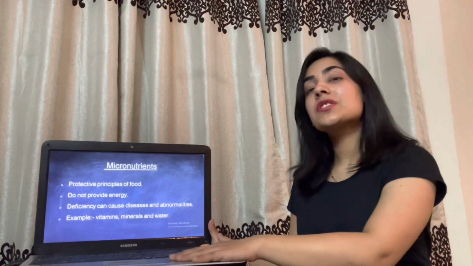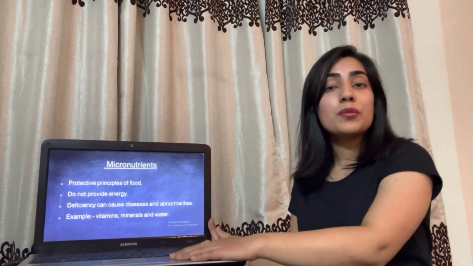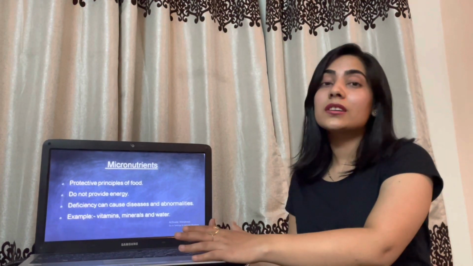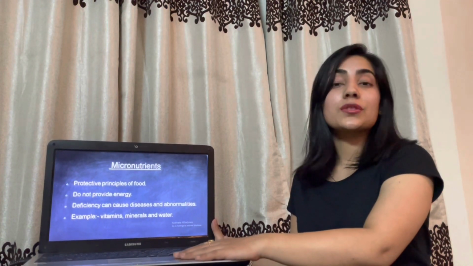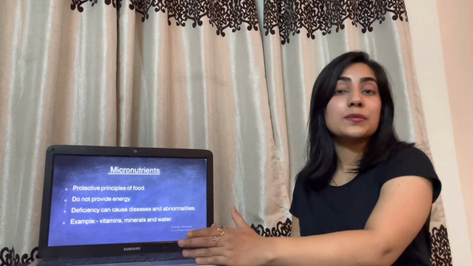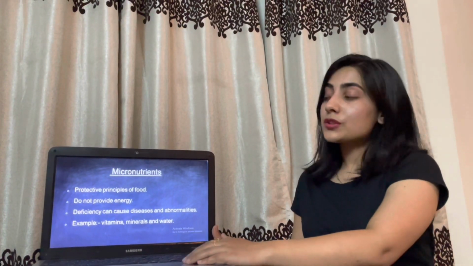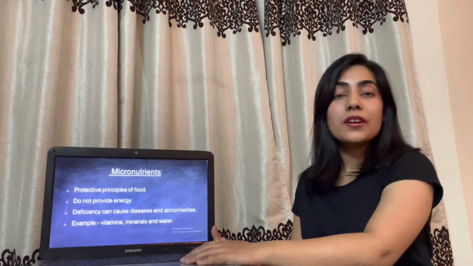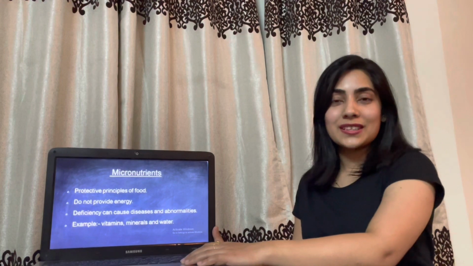They are important for the immune system of our body. They might not be present in a major chunk in our food, but they provide immunity. So the deficiency causes serious diseases. For example, vitamin C deficiency can cause scurvy. The examples of micronutrients are vitamins and minerals. This is it for today. Thank you.